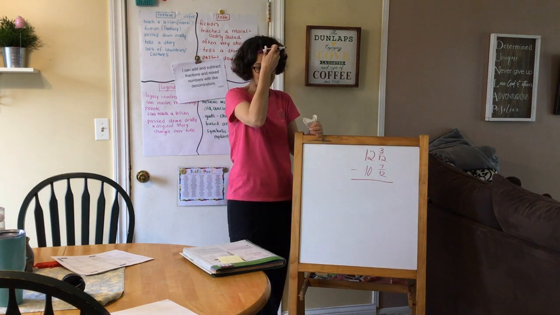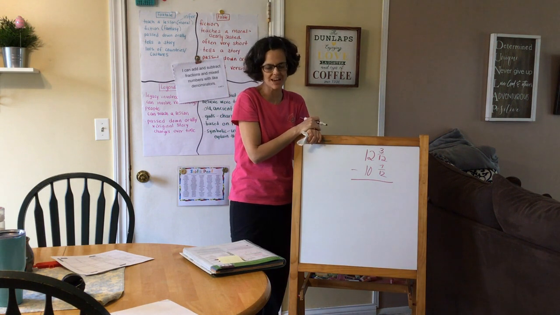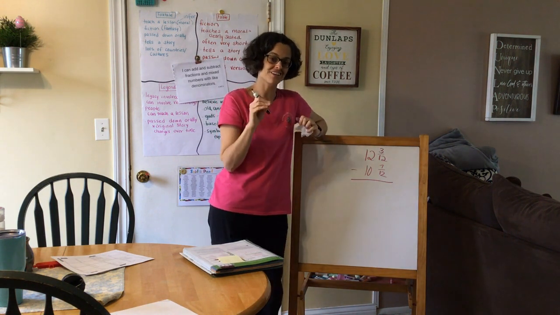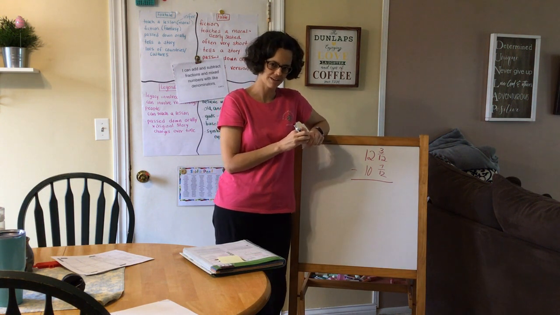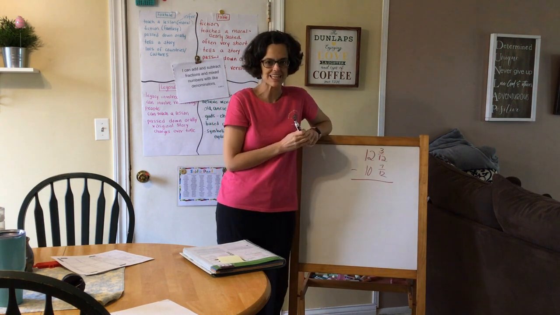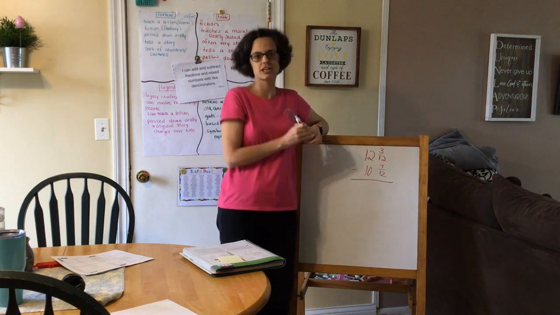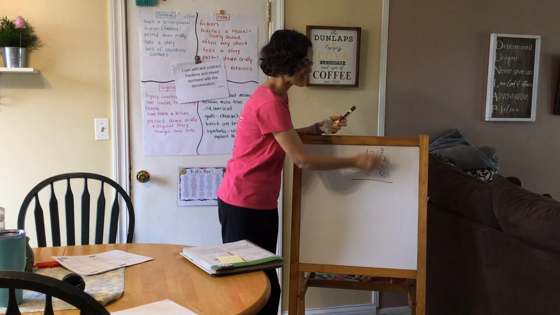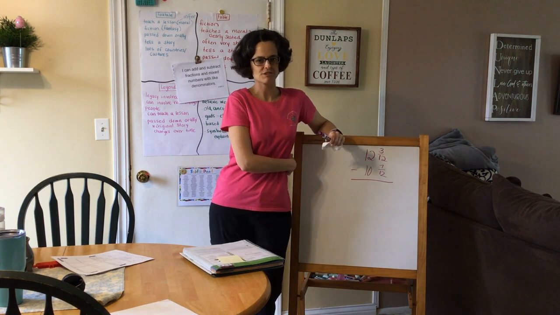All right, so there is a way to do it. I have a feeling I always get that question. So I'm telling you there is a way to do it, but I'm also going to tell you that we're not going to worry about that in 4th grade. You're not going to have to do problems like this. Okay, if you're really curious, you can ask me and I'll show you how to do it. Okay, this kind of problem you'll get to learn next year in 5th grade.